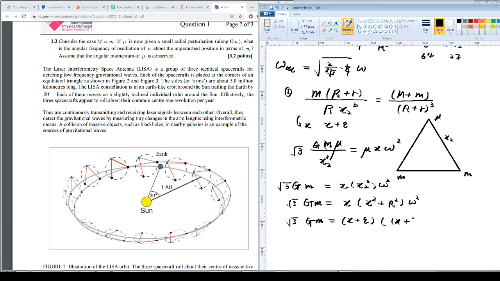By the way, this is also a standard technique, finding angular frequency. Other than establishing the dynamics equation, this can also work.